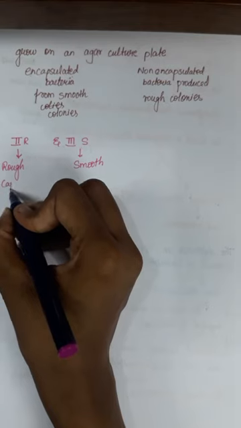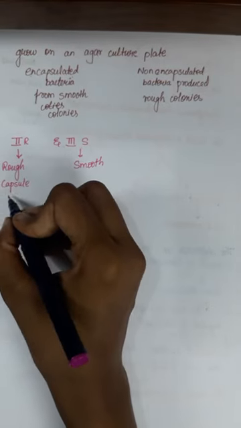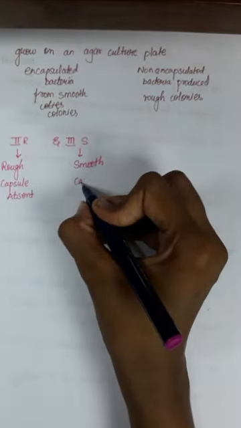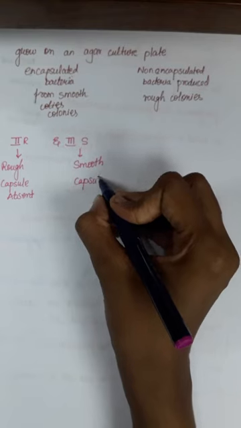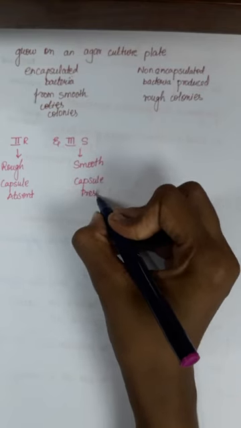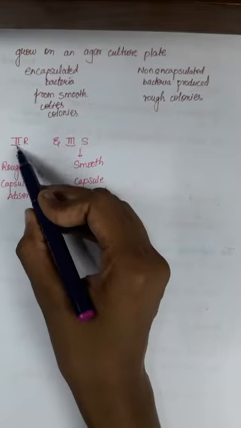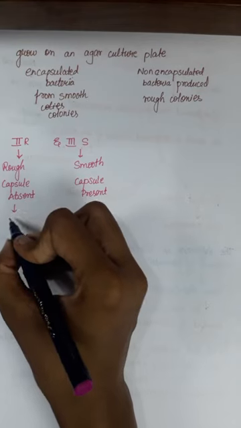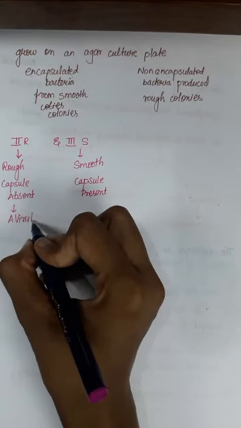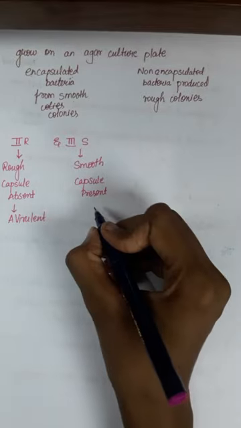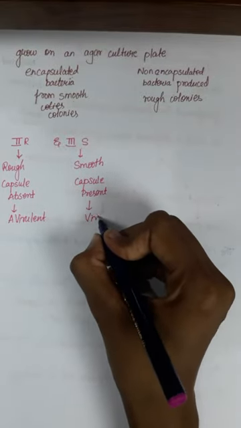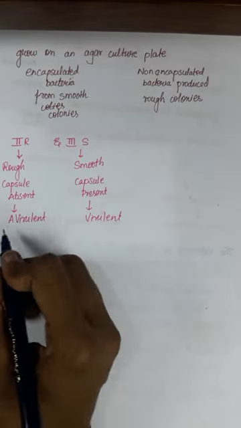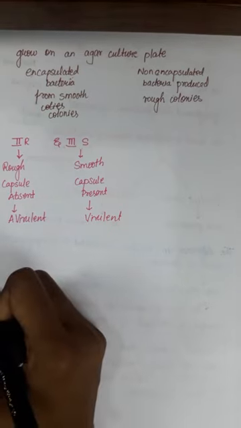Capsule is absent in 2R and in 3S capsule is present. This 2R is avirulent and this 3S is virulent. Virulent causes pneumonia, avirulent does not cause pneumonia.